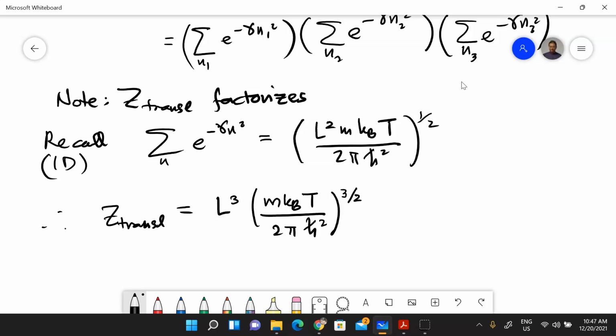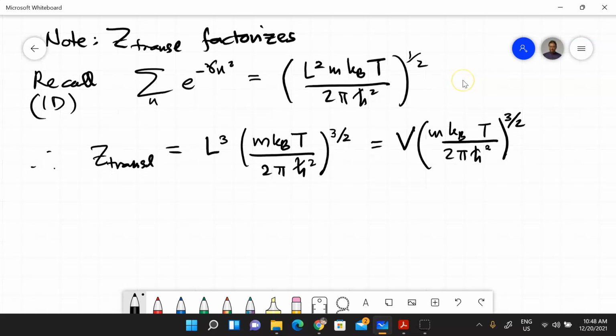L cubed essentially is the volume of the box, so I can write it in terms of the volume. And remember, volume is something that you can actually measure. In this particular case, it's another one of those thermodynamical variables.